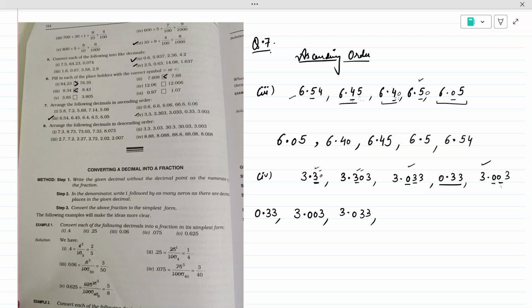So when we have 0 here, we are going to check the thousandths place. Here at the thousandths place we have 3, here we have nothing, which means again we can write 0. So this 0 is smaller than this 3. That means the next smallest number is 3.3, and the largest number in the given series is 3.303.